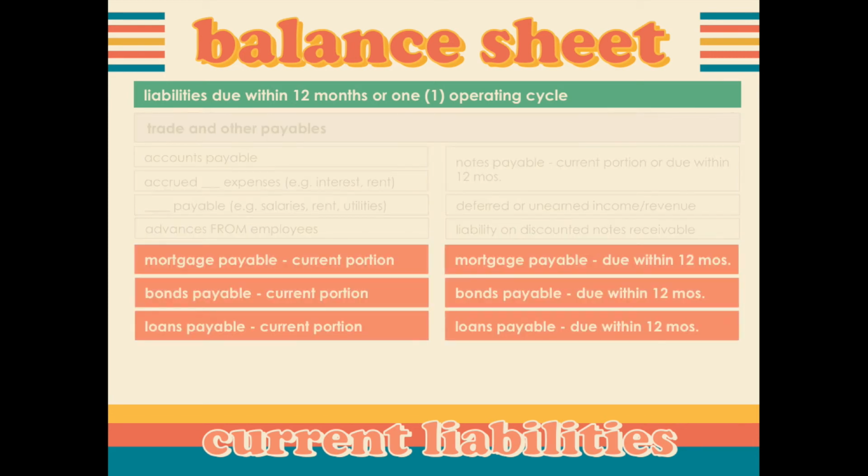Under current liabilities, we also have mortgage, bonds, and loans payable. Mortgage payable refers to the type of loan used to finance the purchase of property like land and buildings. Bonds payable pertains to long-term debt issued by corporations which are supported by bonds.